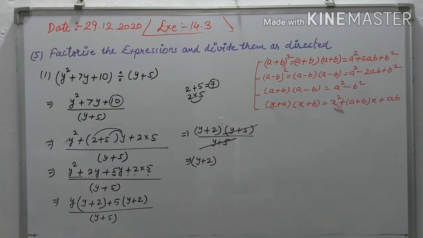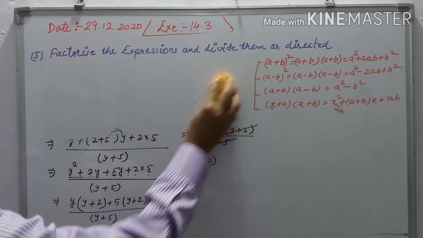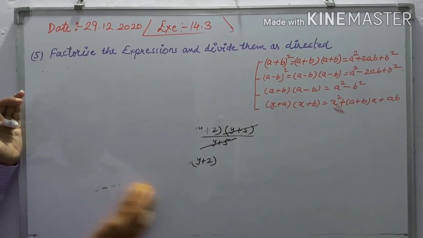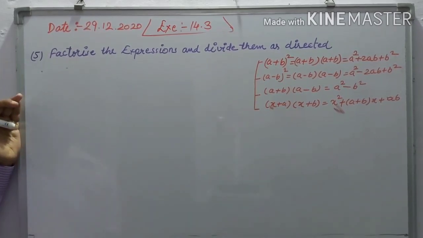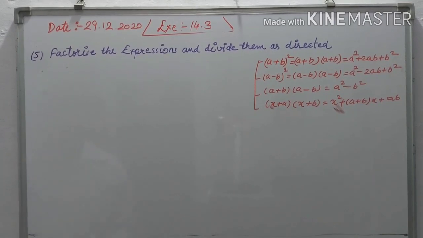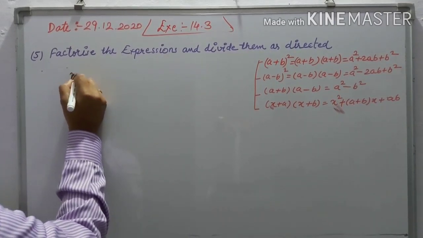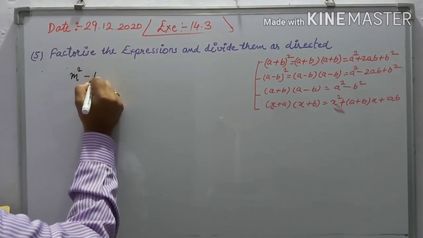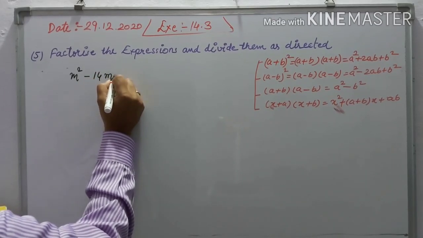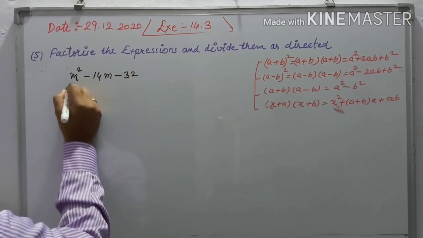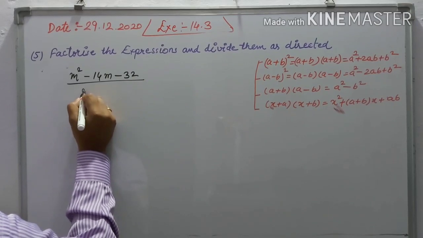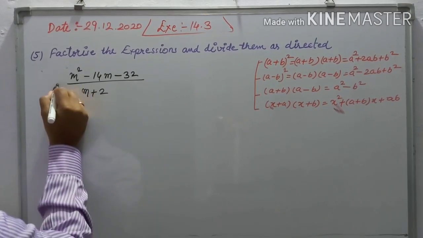Okay. Now next, in this fifth question, all questions must first be factorized, then after that solve the equation. Now m square minus 14m minus 32 upon m plus 2.